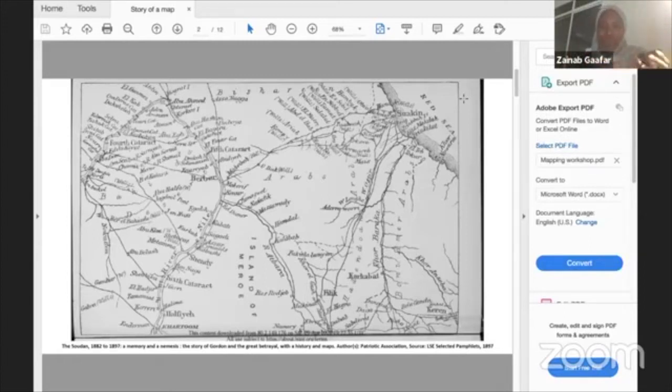It has several parts. And as you can see, it explains a lot of the cities on the Nile, as well as movement routes that were known at that time between different cities in and around Sudan. As you can notice, right in the south of the map, there is Khartoum, which is supposed to be the main character for this story.